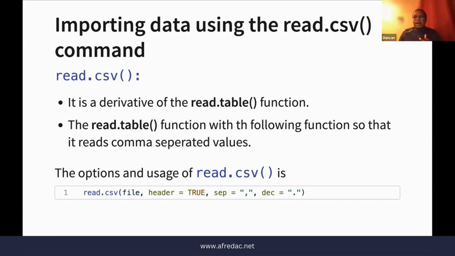Somebody else may have data that is tab separated, but it has a period for the decimal. Then you can use read.delim. read.delim2 is for when, for the decimal points, we use a comma.